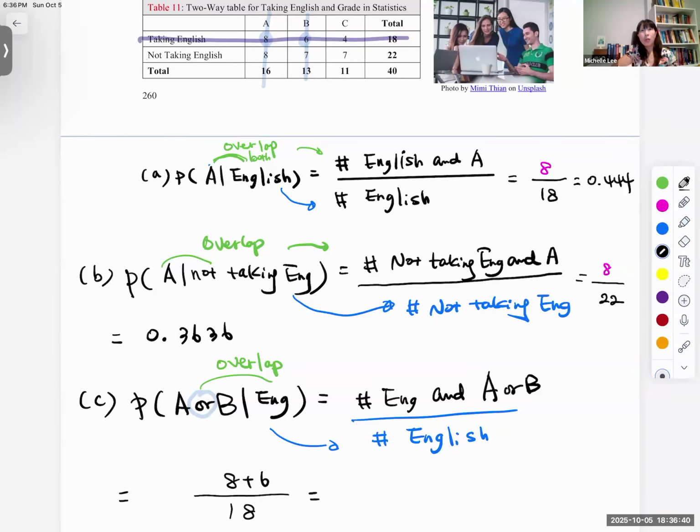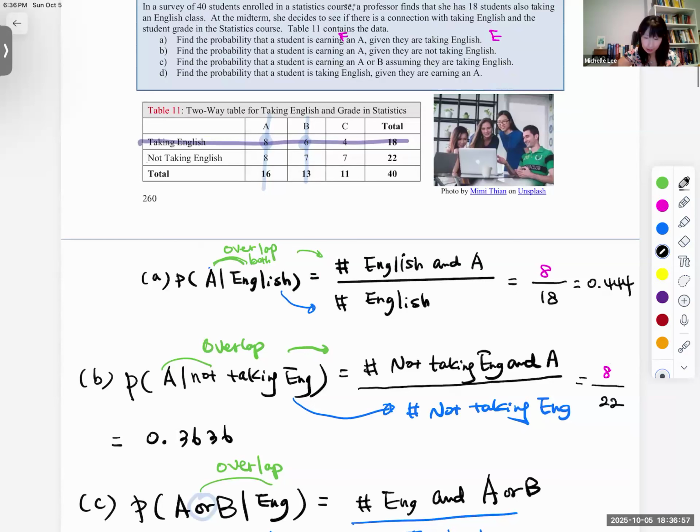Okay, so A plus 6, we have 14 over 18. Can you please calculate? Yeah, thank you. 0.7778. Excellent.